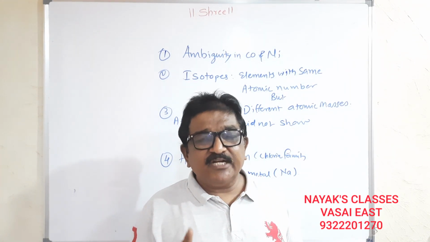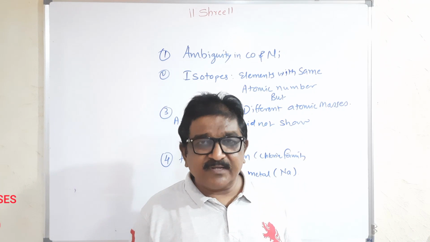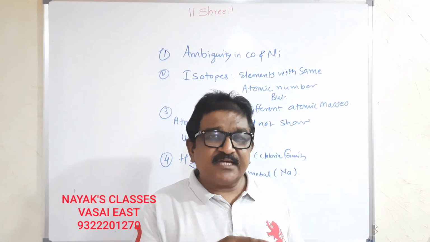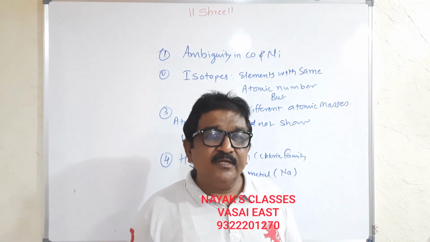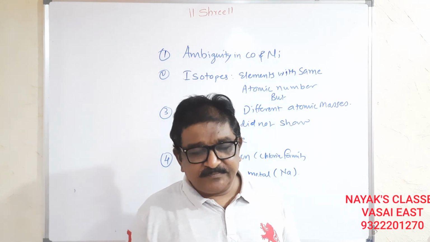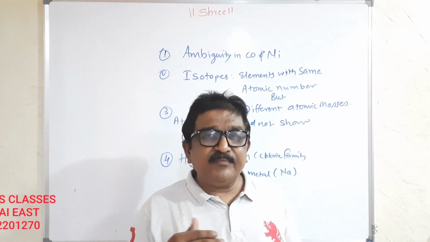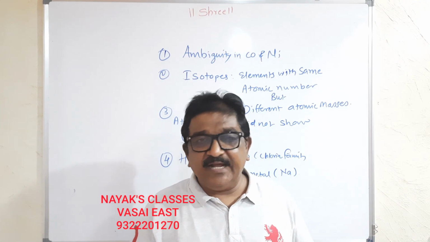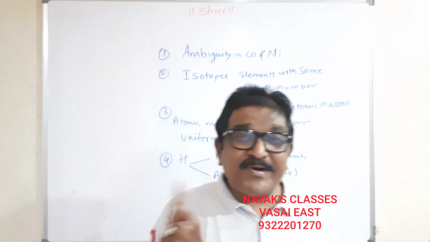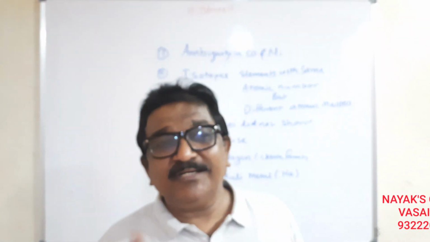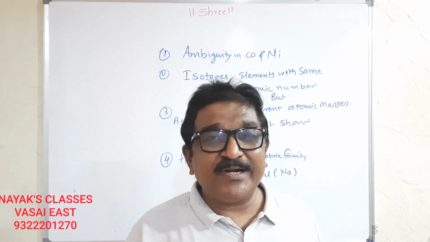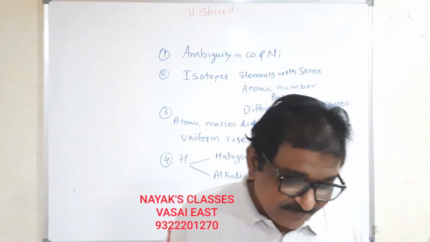Study these topics very nicely, and hereafter the efforts end, because Henry Moseley for the first time put forth the theory that atomic mass is not a fundamental property of an element.